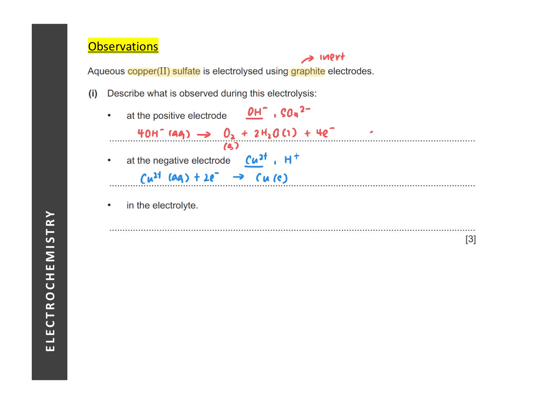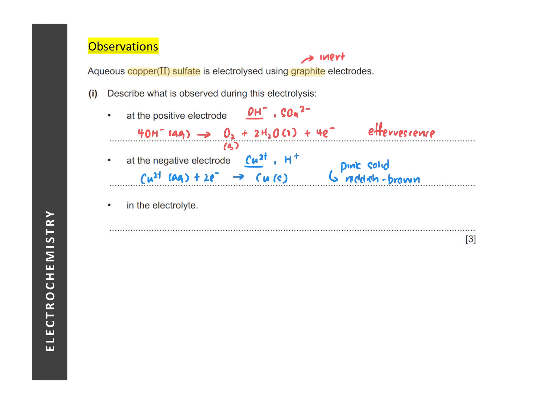You will be observing effervescence. And at the negative electrode, you either see a pink solid forming, or you can describe it as a reddish brown. So the pink or reddish brown solid refers to your copper metal.